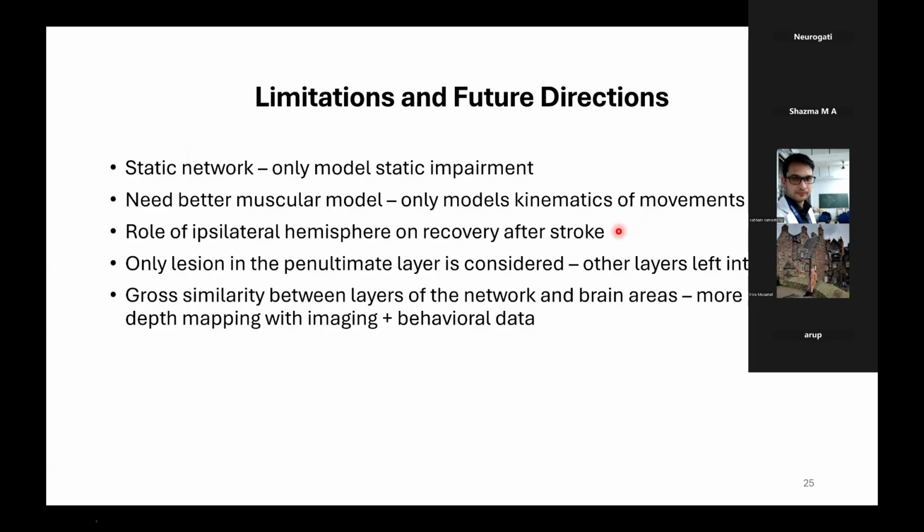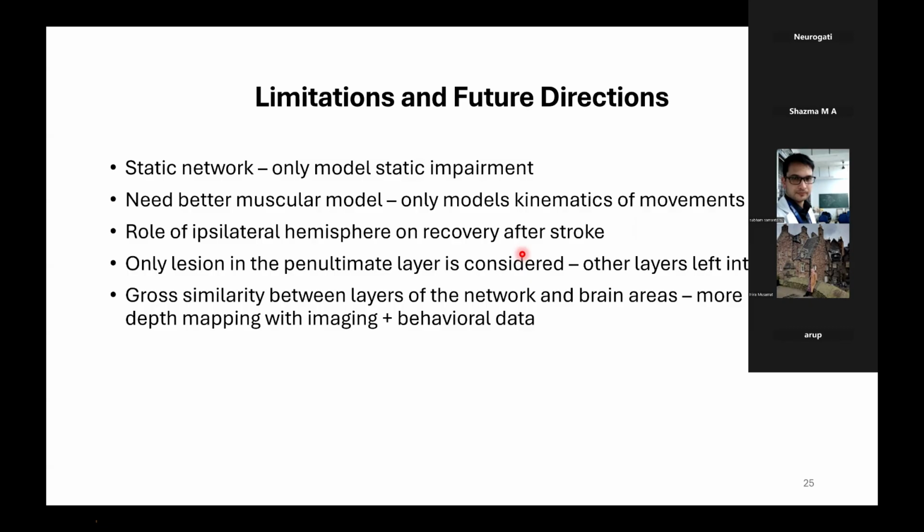The role of the ipsilateral hemisphere on recovery after stroke is not considered at all. Although this network now considers that the left half contributes to the control of the left arm and the right half is used to control the right arm, this picture is not that clear cut in the brain, where it's seen that especially in the higher cortical areas, both the halves of the network play a role in even unimanual and bimanual movement.